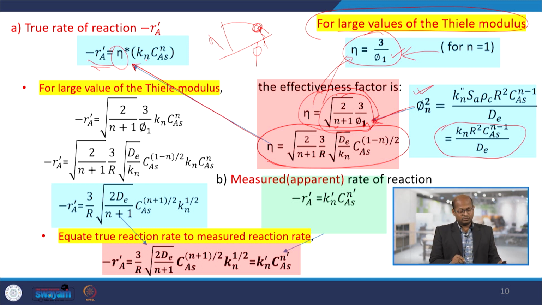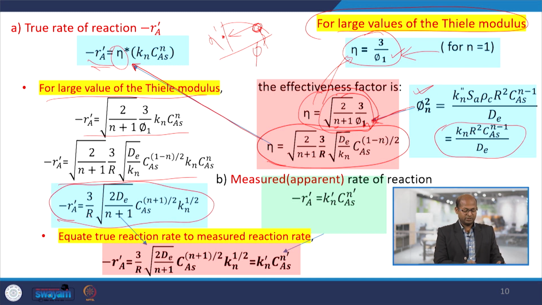Once we substitute this for a large Thiele modulus value, which means diffusion exists and eta is less than 1, then if we rearrange and simplify these equations, the equation would be like this, when diffusion is there, eta is less than 1, and the Thiele modulus is large.